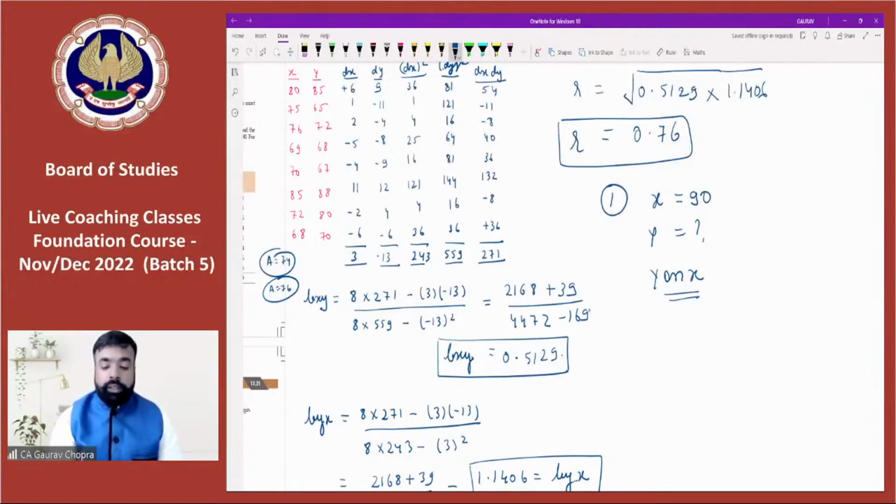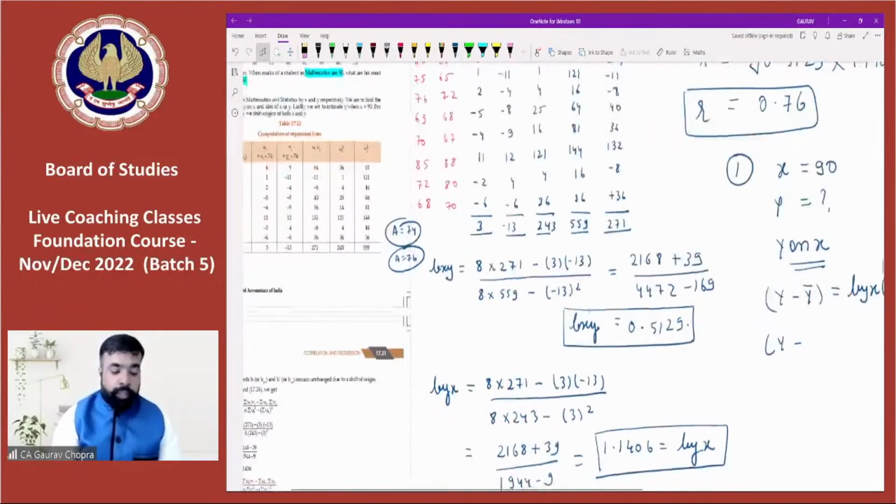Y on x will be y minus y bar is equal to byx into x minus x bar. So what is y bar? We have to find y bar first. You can do the calculation and find the arithmetic mean of y.